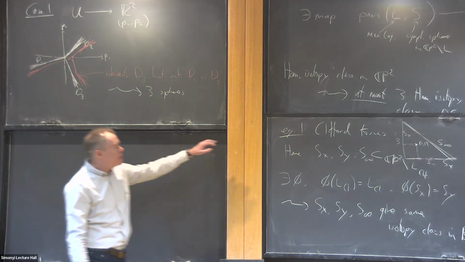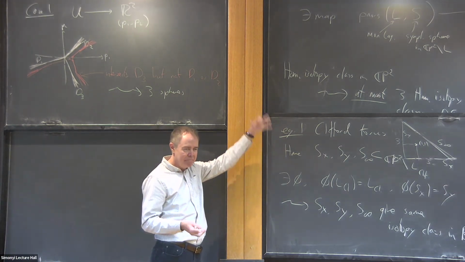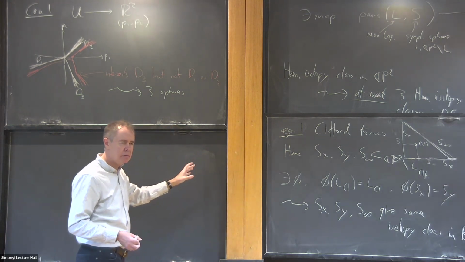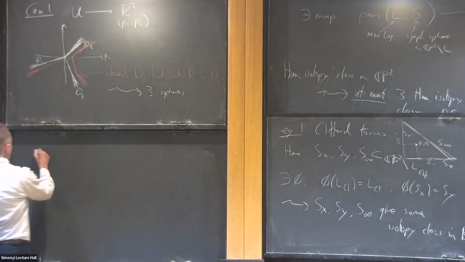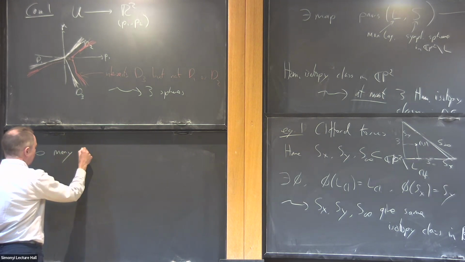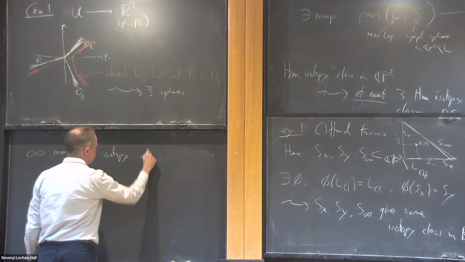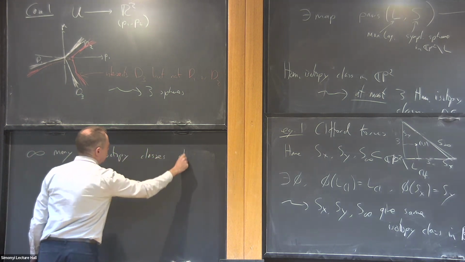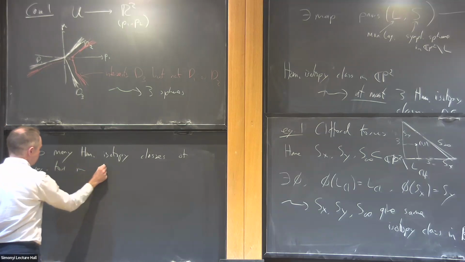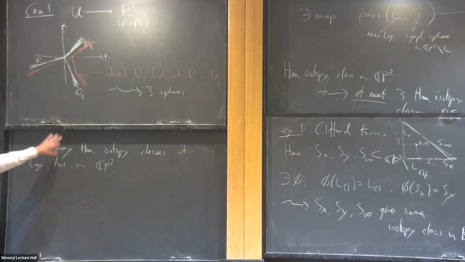We now know that there are infinitely many Hamiltonian isotopy classes of Lagrangian tori in CP2. I'll write down some theorems in a bit.